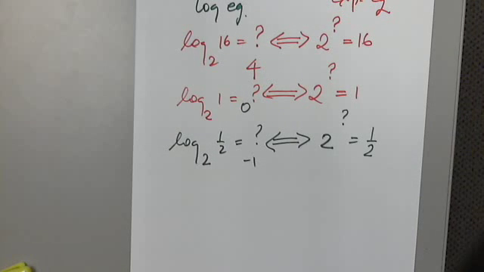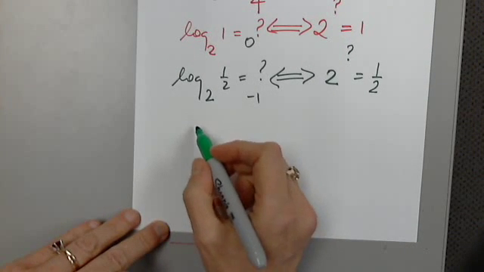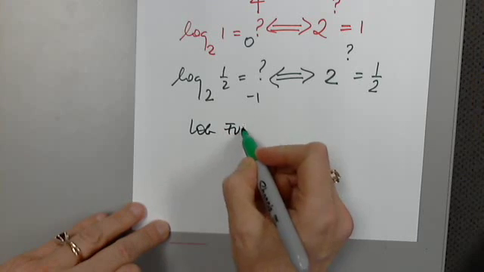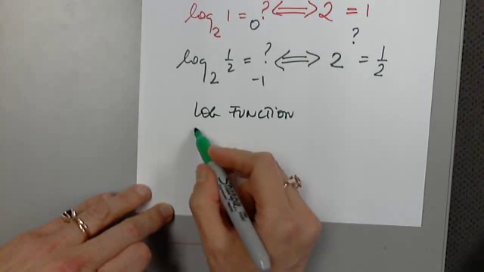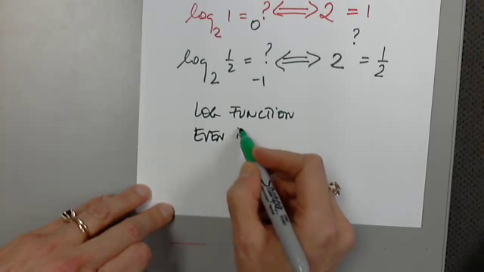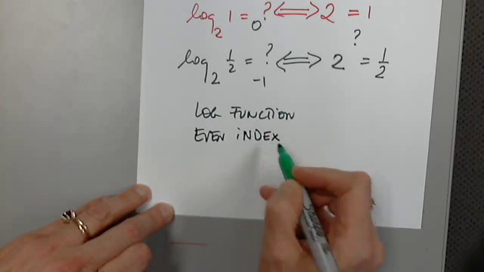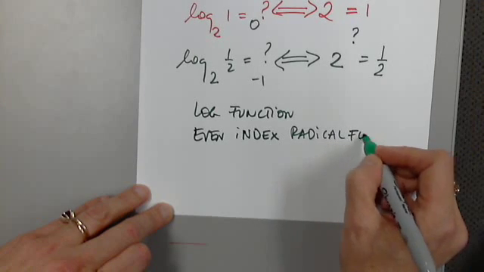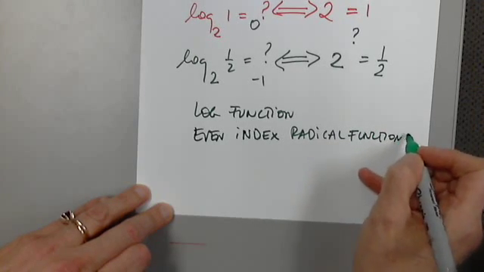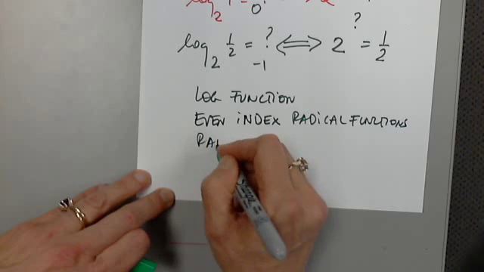Okay. Let's look at page 490. What did we say about the log function? And the even index radical functions, and also rational functions.